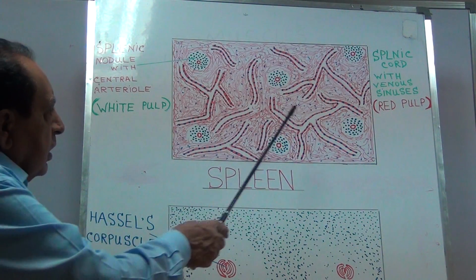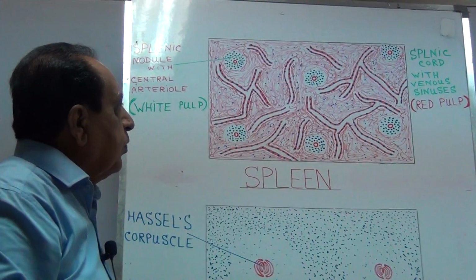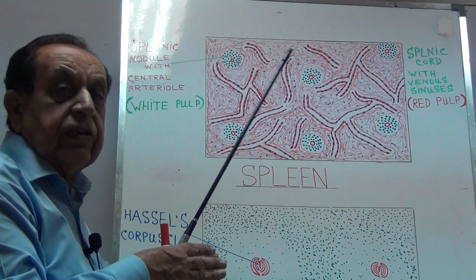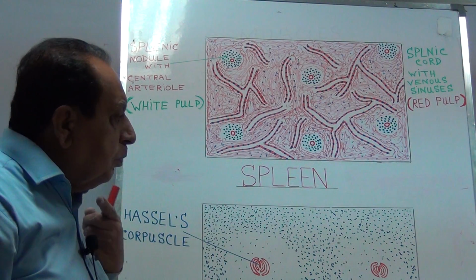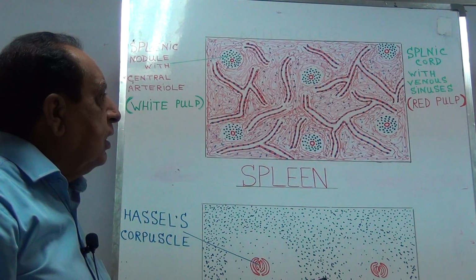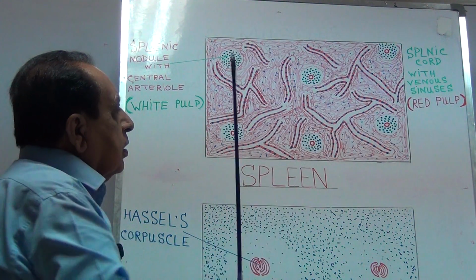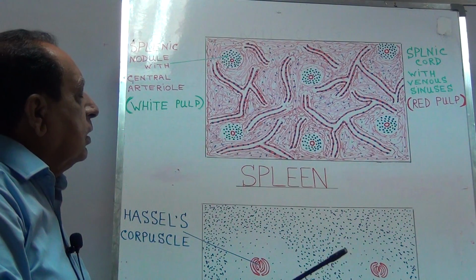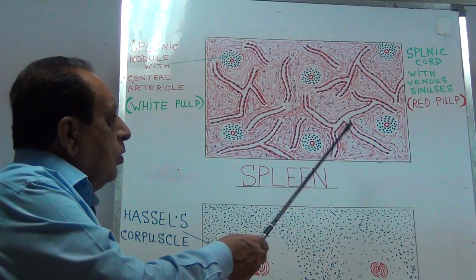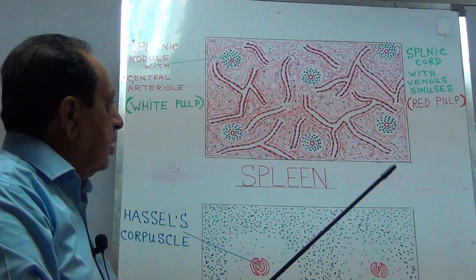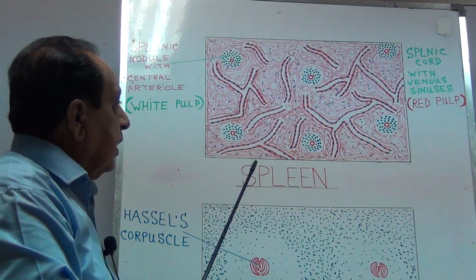They are elongated and run along the length of these sinuses, and in between them there is a gap, and through this gap the processes of the macrophages pass and remove antigens from the blood. So that is about the spleen.